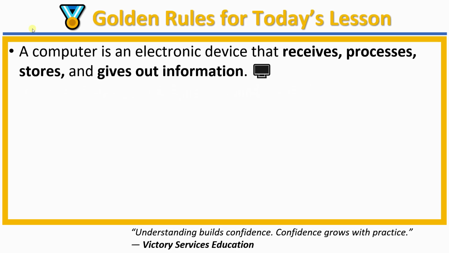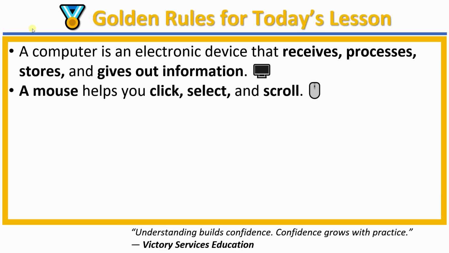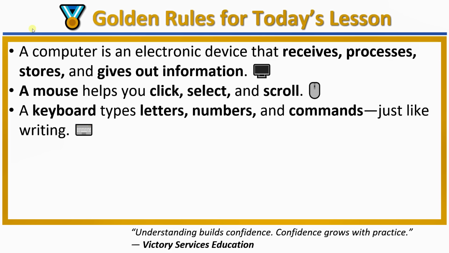Another thing, a mouse helps you click, select, and scroll. It's your digital hand. The next one, a keyboard lets you type letters, numbers, and commands, just like you are writing on a paper, but with extra powers.